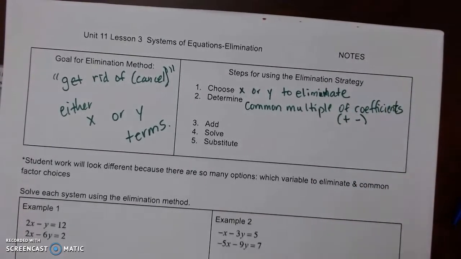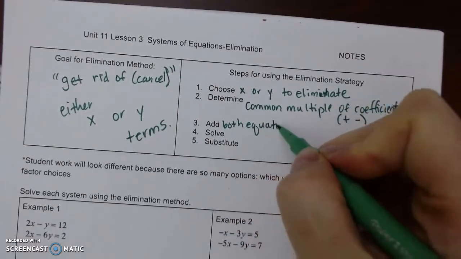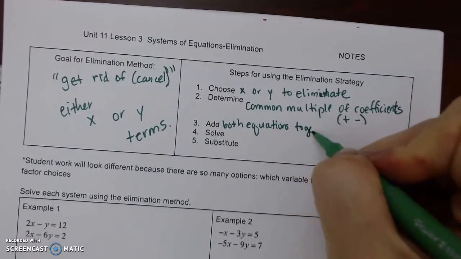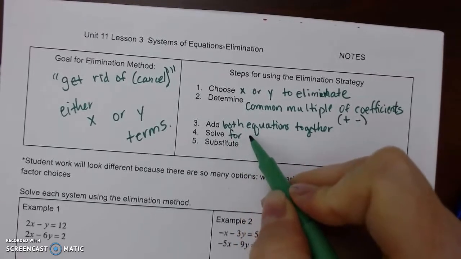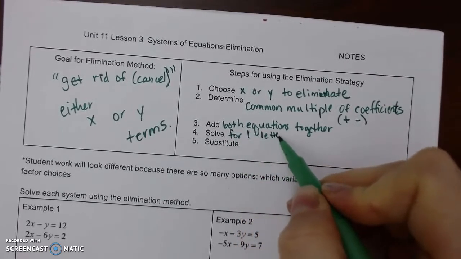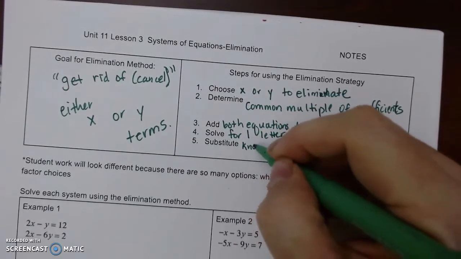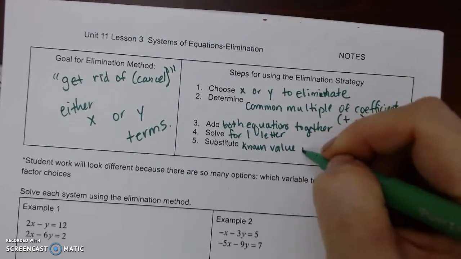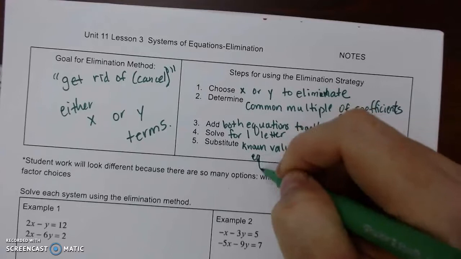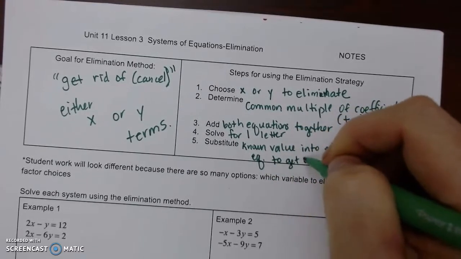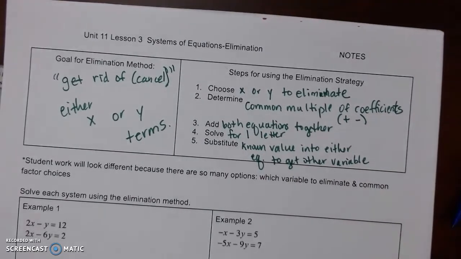So you need to add both equations together. Then we're going to solve for one letter, whichever letter you have, and then we need to substitute our known value into either equation to get the other one, because remember, our answer is a solution.